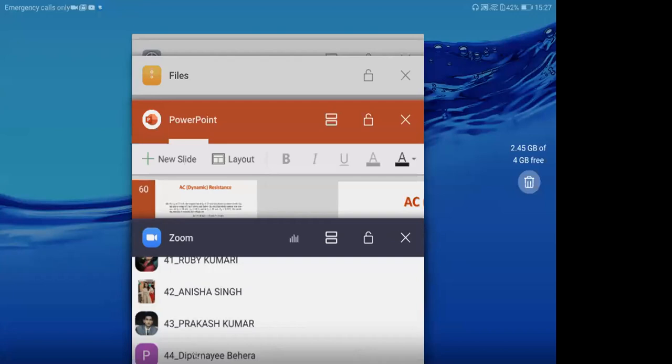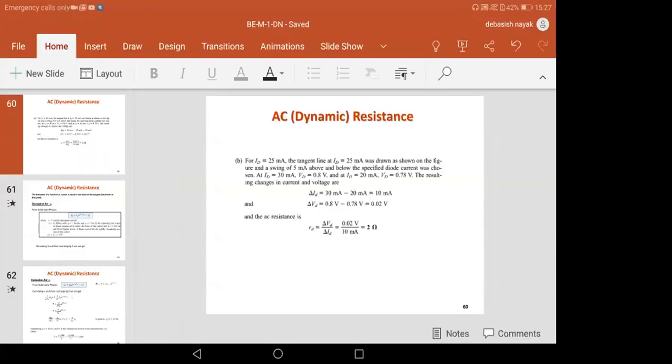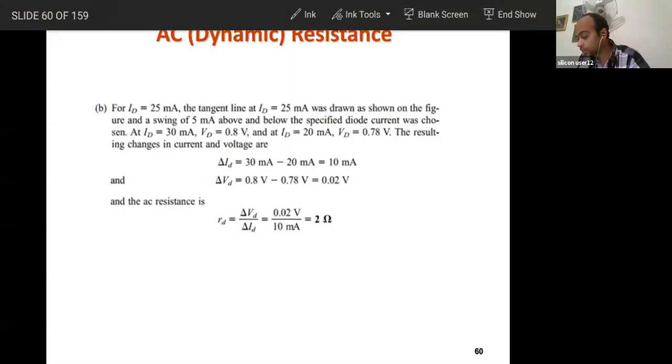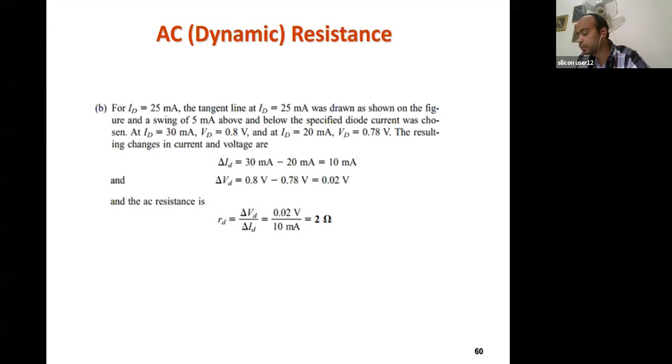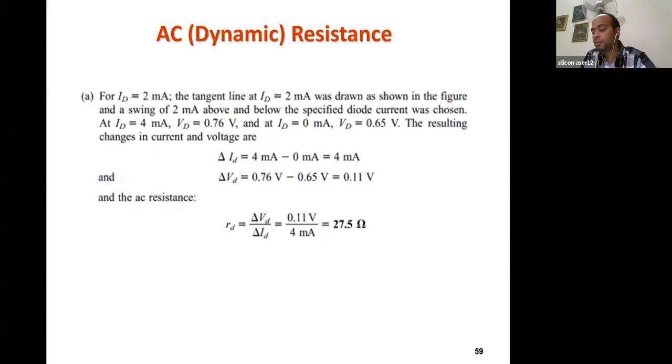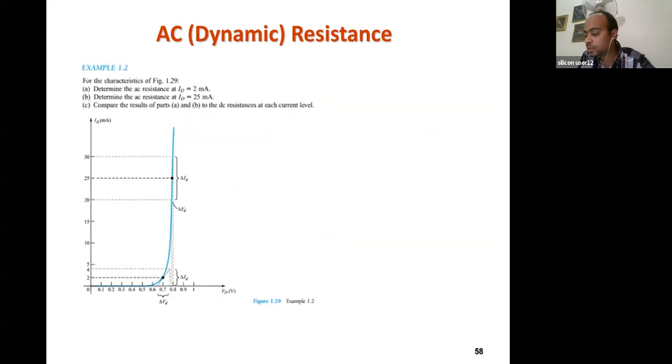Okay, anyway, just let me complete this one and we'll stop here, since the other class is going on. So this is the way in which AC resistance is calculated. In this same manner, you can find the resistance at ID equal to 25 milliampere, and you will find that the resistance there will be low. Why low? Because obviously that is the portion where it is conducting.